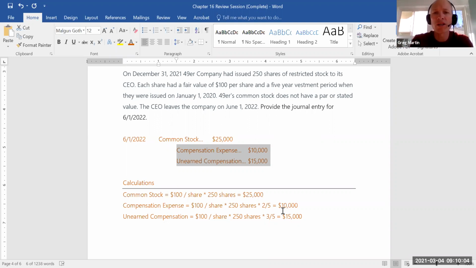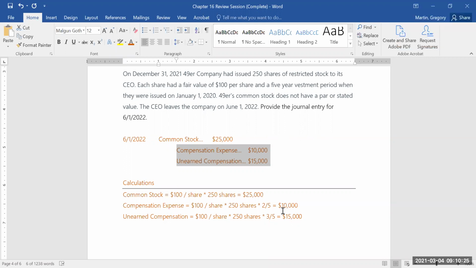And if you summarize the unearned compensation account balance, it's 0. And the common stock account balance is 0 for this transaction. Of course, we know there's other common stock entries, but the whole point of this journal entry is so that looking back, everything is zeroed out.